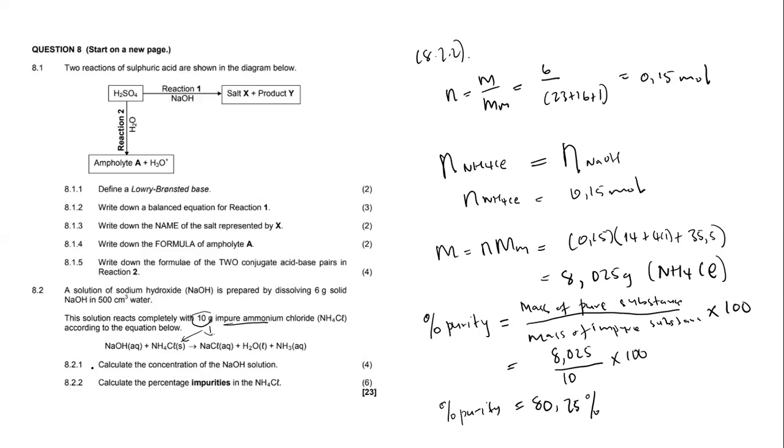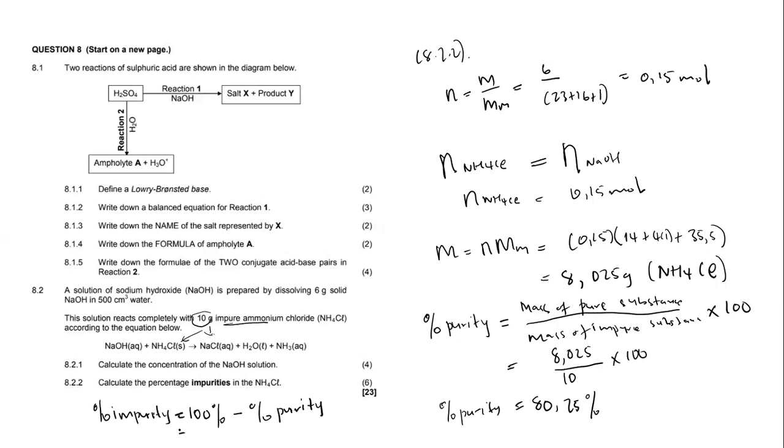We are not looking for percentage purity. Rather, we are looking for percentage impurity. So again, another formula is that percentage impurity is going to be 100% subtract percentage purity.